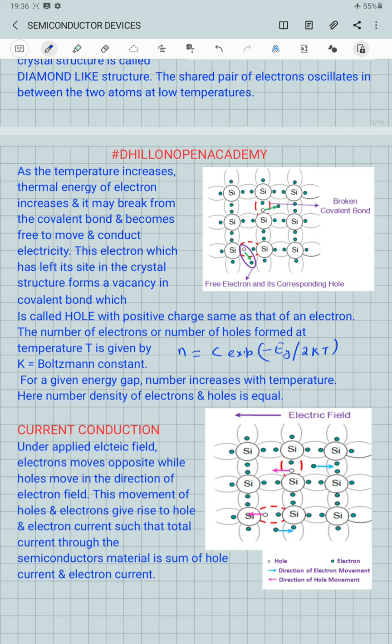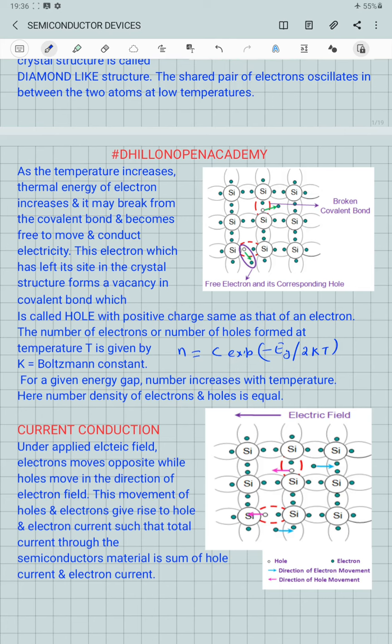This movement of the holes and the electrons gives rise to a current. The current arising due to the movement of holes is called the hole current, while the current arising due to the movement of the free electrons is called the electron current.